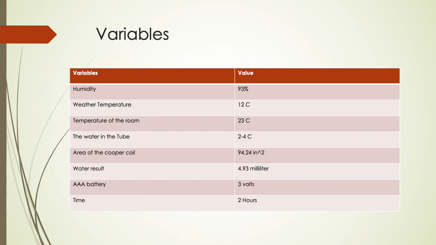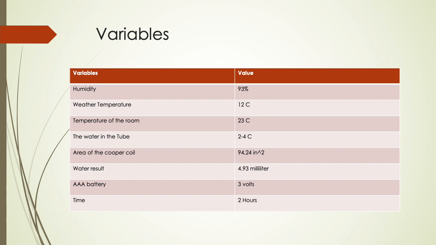Here are important variables that influence this experiment. First, humidity. The humidity was 93%, and as I said, the more humid, the better the result. Second thing is the weather temperature. The weather temperature was 12 degrees Celsius, but I ran this inside the house, so the room temperature was 23 Celsius.